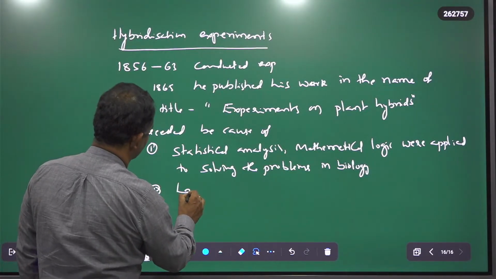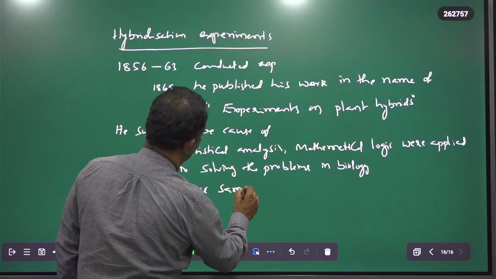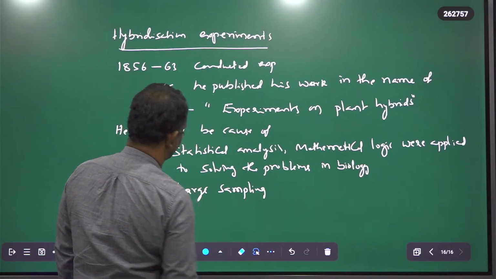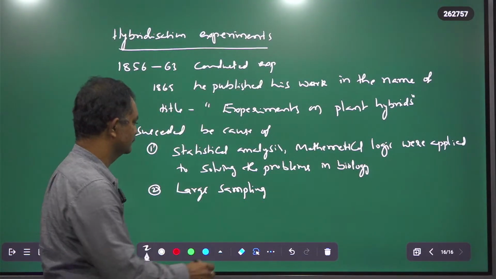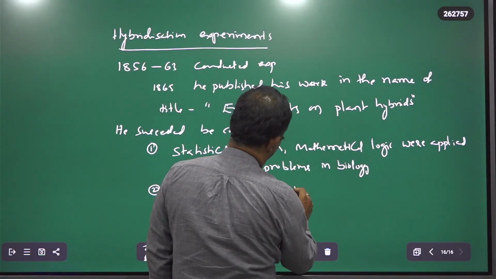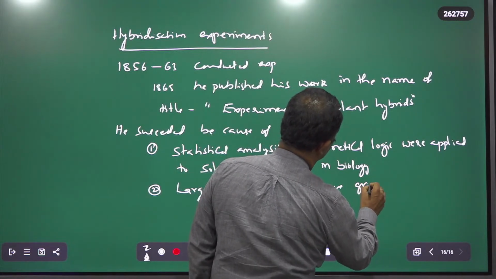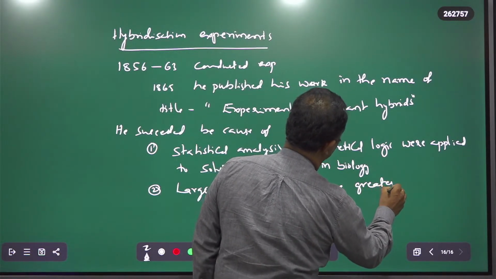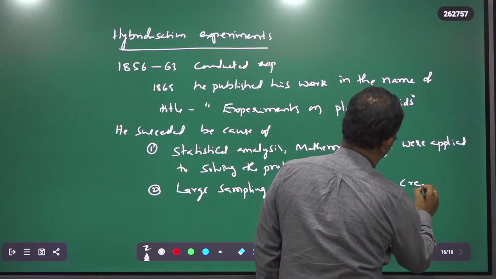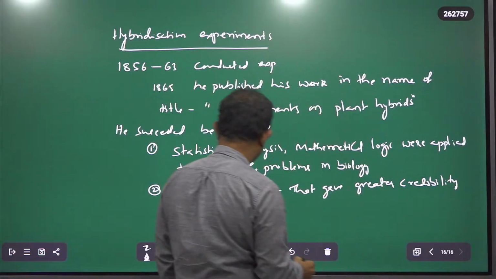Second one, large sampling size. You take a large sample, that gave greater credibility to the data he collected.